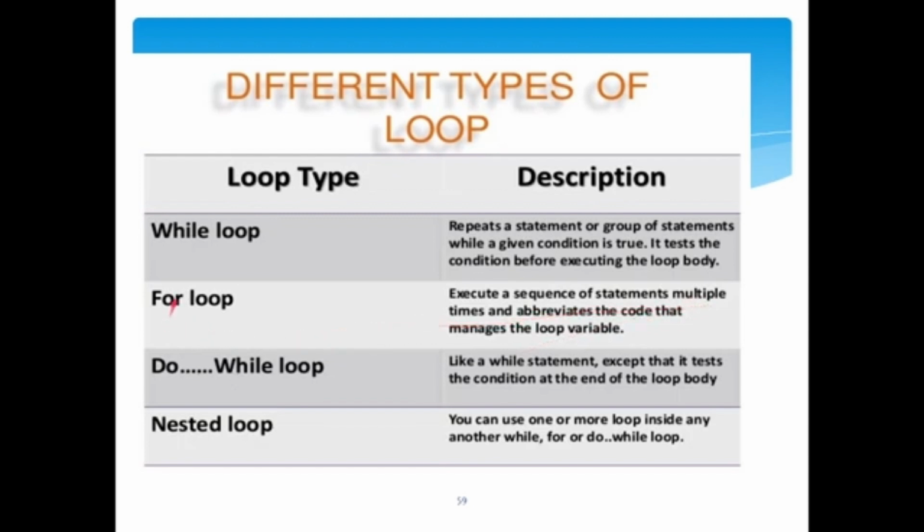What is for loop? For loop executes a sequence of statements multiple times, and abbreviates the code that manages the loop variable. The difference between while loop and for loop is that both are almost similar, but inside the while loop you can only specify a condition, but inside a for loop you can initialize, specify a condition, and also give updates, like an increment each time: for the first time it is 1, for the next time it must become 2, then 3, in that way.